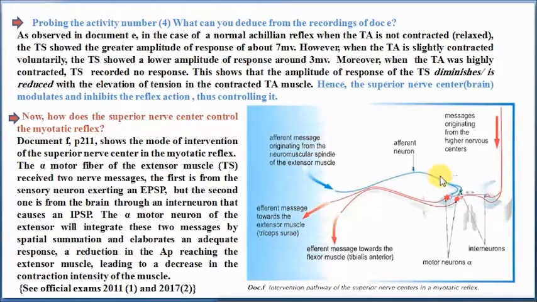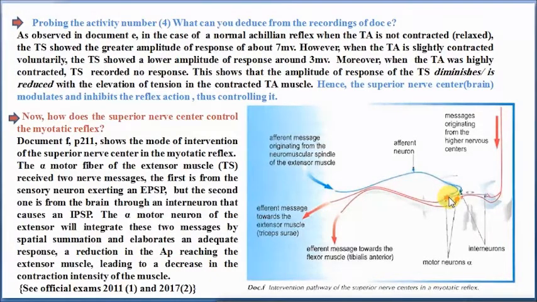So this motor neuron receives two messages: the first one coming from the sensory neuron, which is an EPSP, an excitatory postsynaptic potential, but the second one reaches it via an interneuron coming from the brain, which is going to cause an inhibitory postsynaptic potential at the level of the alpha motor neuron. So the alpha motor neuron of the extensor now receives two different messages, an EPSP and an IPSP.